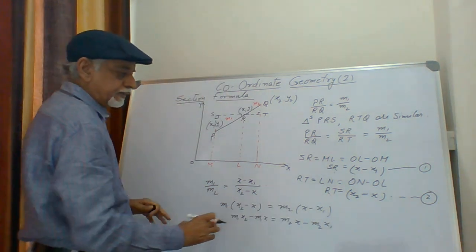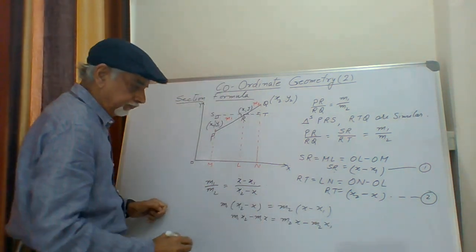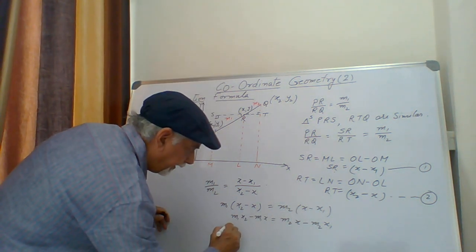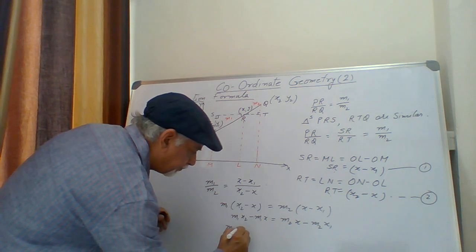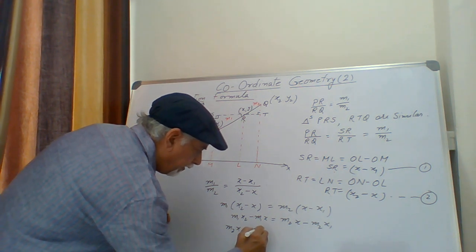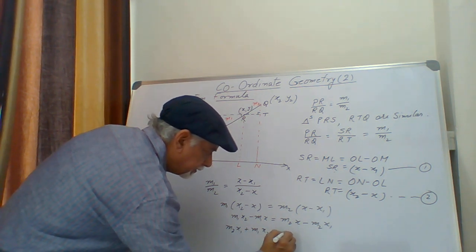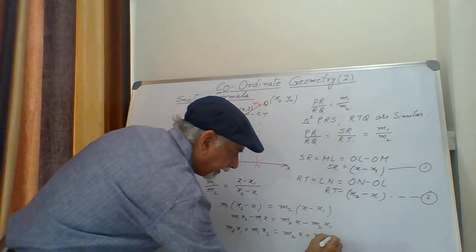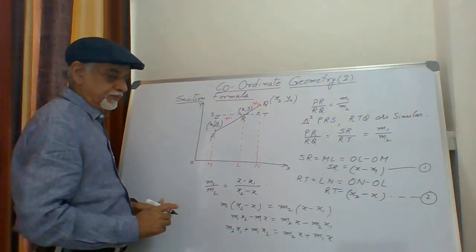Now take all the x values on one side. So bring this on this side. We write M2 x1 plus M1 x2 is equal to M2 x plus M1 x by transposition of the terms.